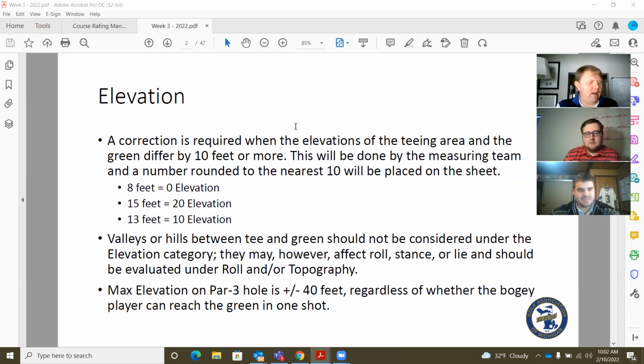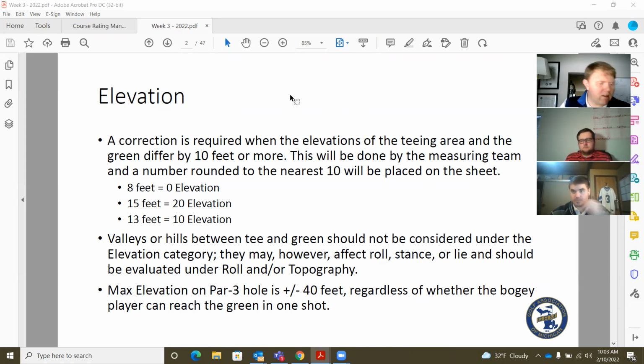So, all right, we're going to talk briefly about elevation. Elevation is something we look at from a course rating perspective in 2 different scenarios. We look at it from tee to green, and also in the middle of the hole under topography. But as mentioned here in number 3, as part of the effective playing length corrections, we're looking at it from tee to green.